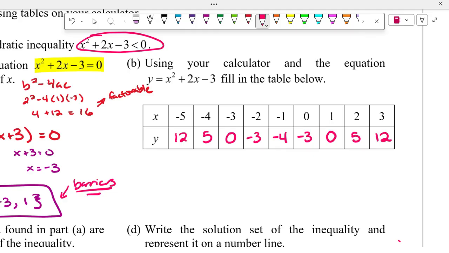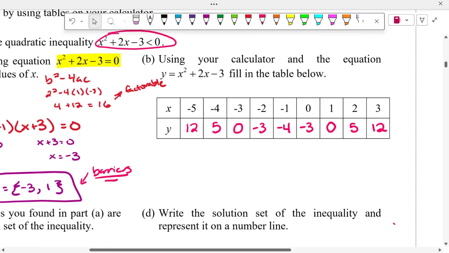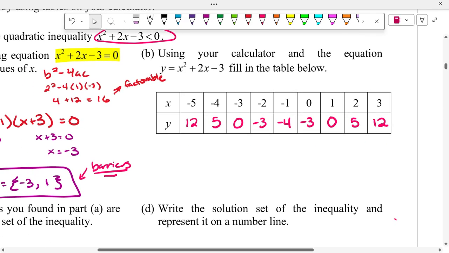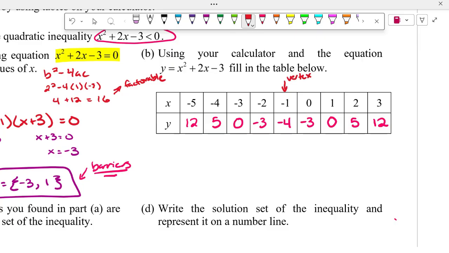No, it's going down, it should be negative 4. Just for funsies, where's my vertex? Negative 1, negative 4. That's not important in this case; I just want to see if you'd be able to recognize where it is.